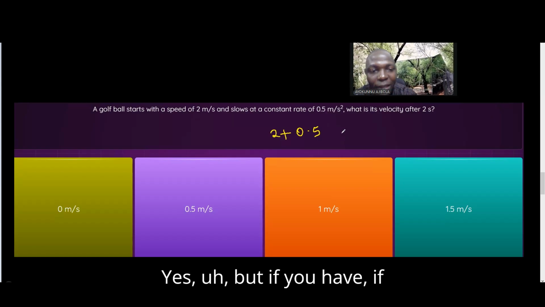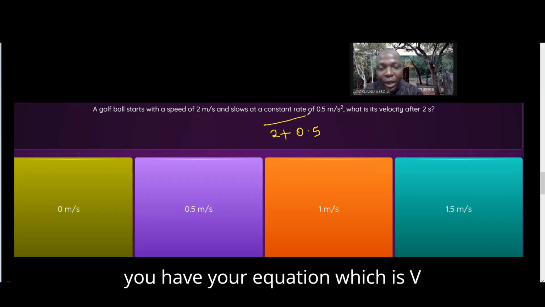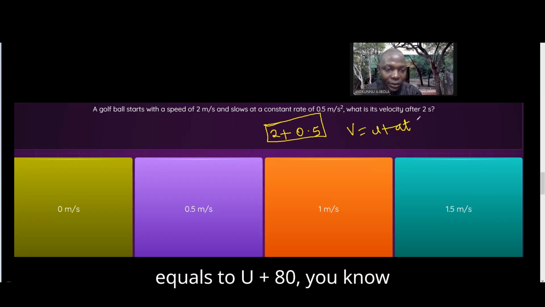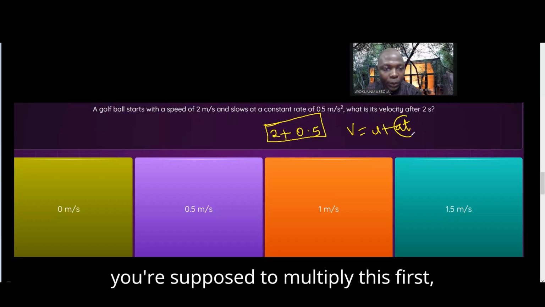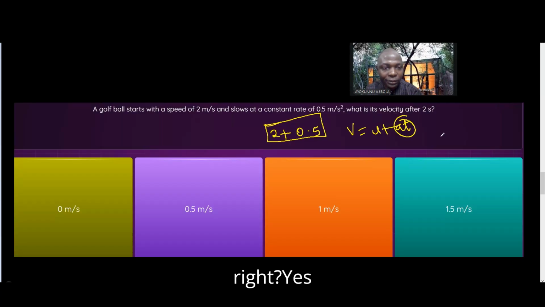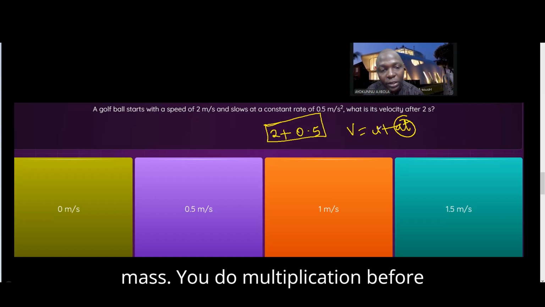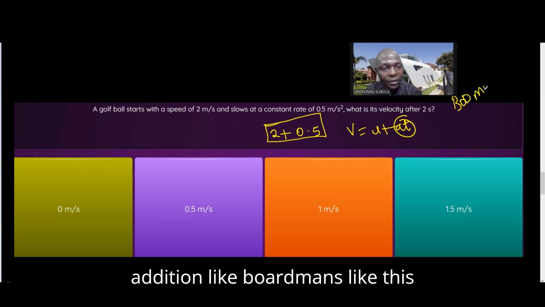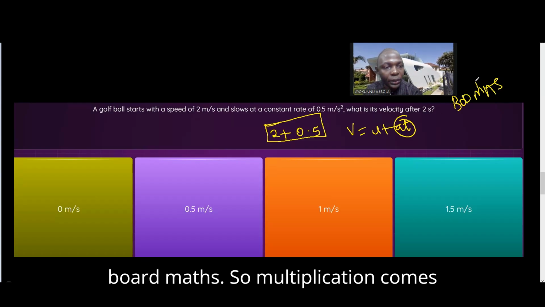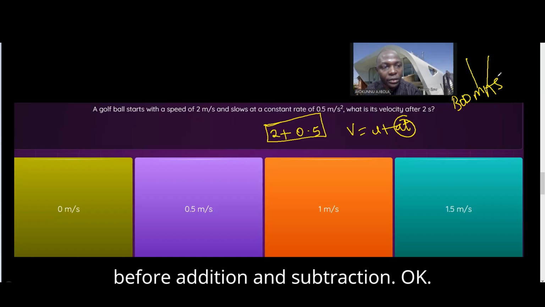But if you have your equation, which is v equals u plus at, you're supposed to multiply this first, right? Yes, sir. That's according to BODMAS. You do multiplication before addition and subtraction, okay?